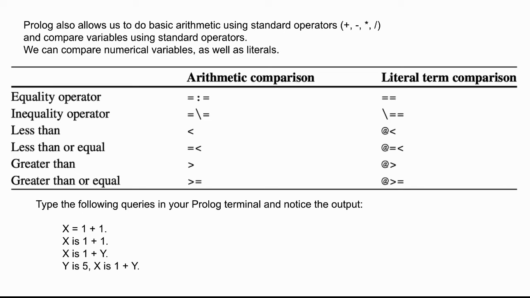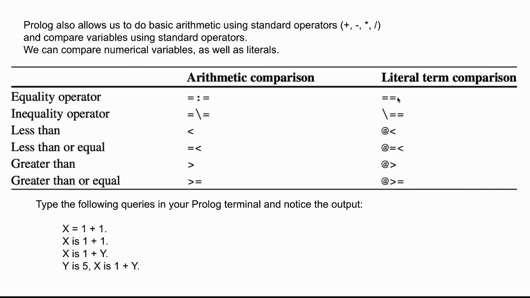So now in Prolog, like we do in other programming languages, you can also do various kinds of operations. Okay, so Prolog allows you to do standard arithmetic operations using addition, subtraction, multiplication and division. And in addition, you can also do comparison of various variables using the standard operators. So you have the equality operator, which is the arithmetic equality.